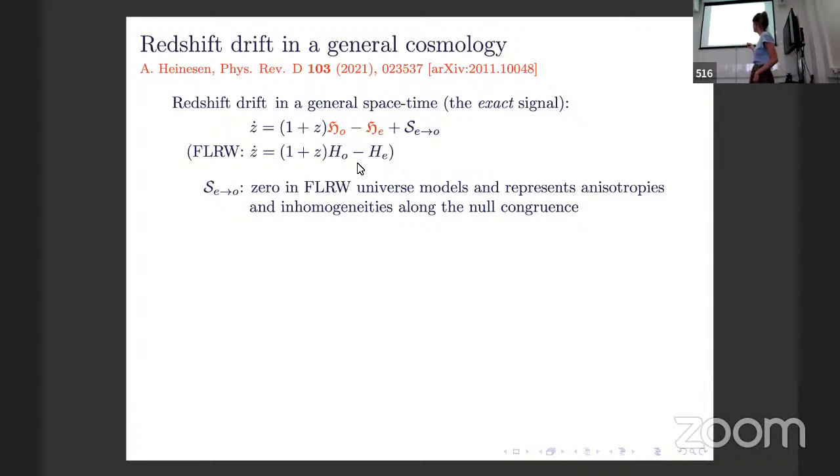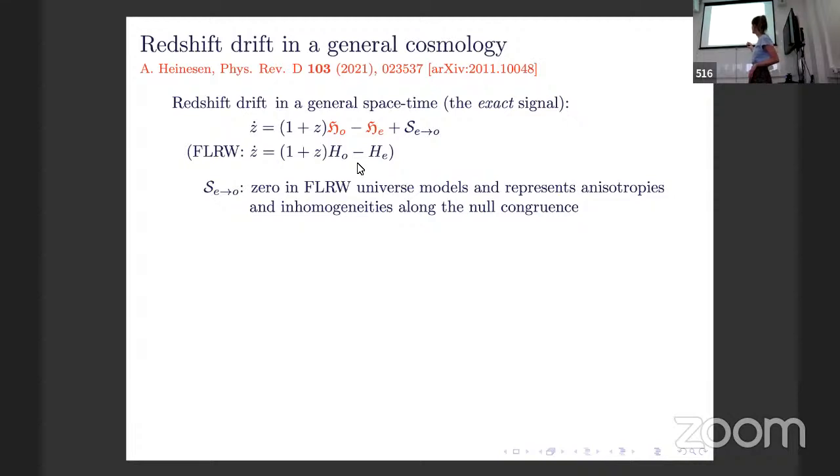And it has a simple expression in the Euler-W geometrical case, which generalizes nicely in the absence of exact symmetry. So in the general geometrical case here, you see that again, the Hubble parameter generalizes nicely into this effective Hubble parameter that you also saw for the luminosity distance cosmography. And this is in fact not a cosmography. This is the exact redshift drift signal. So there's no Taylor series expansion in redshift here.